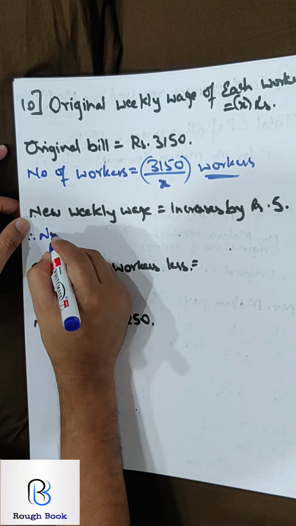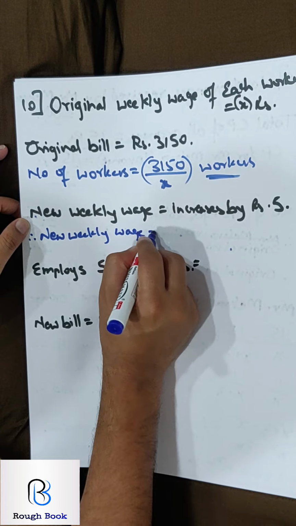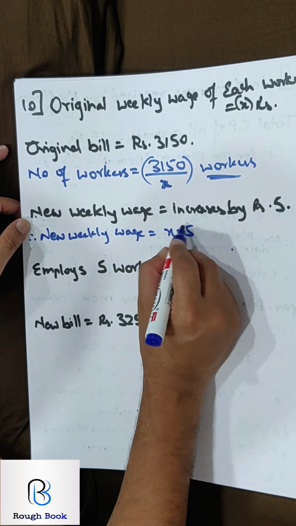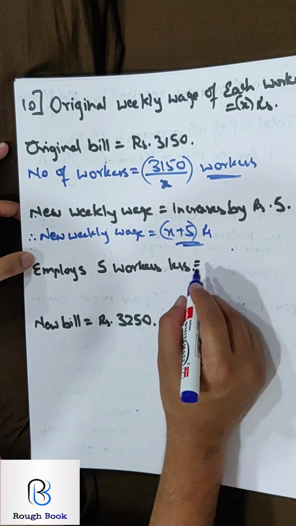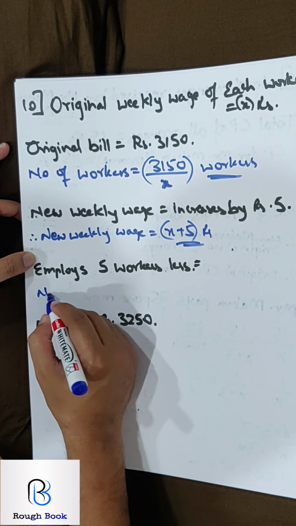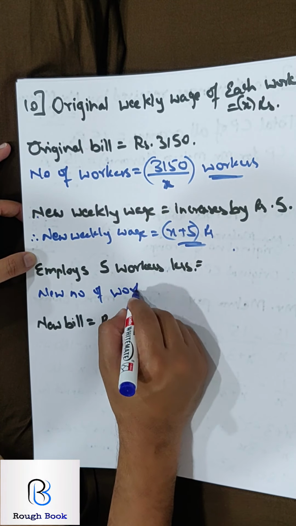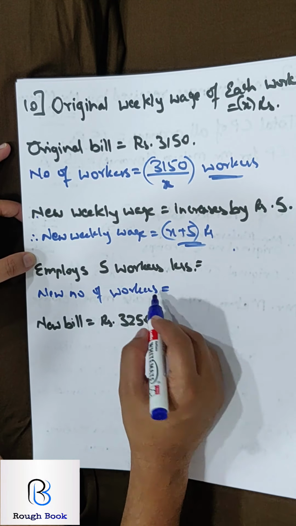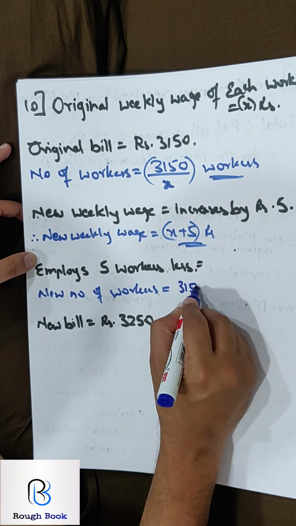So earlier wage was x, obviously new increased by 5, so x plus 5. 5 workers less, so what will be the new number of workers? New number of workers will be the original number of workers, that is 3150 upon x, minus 5.